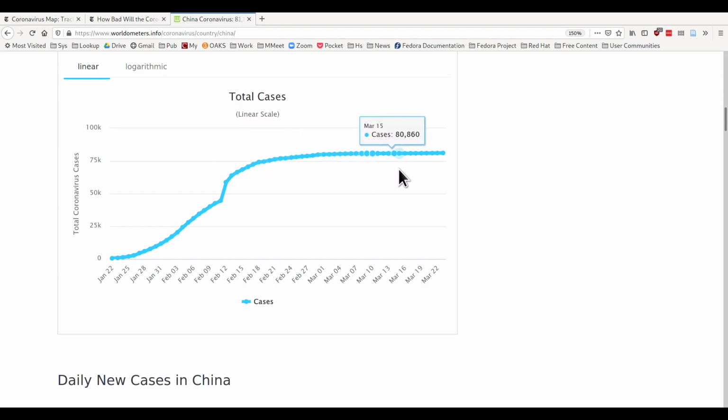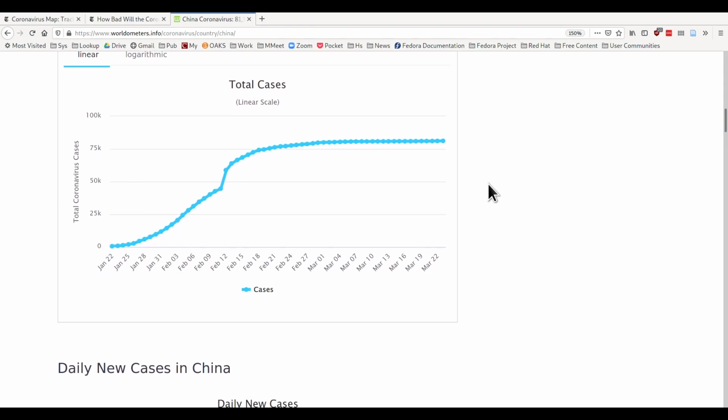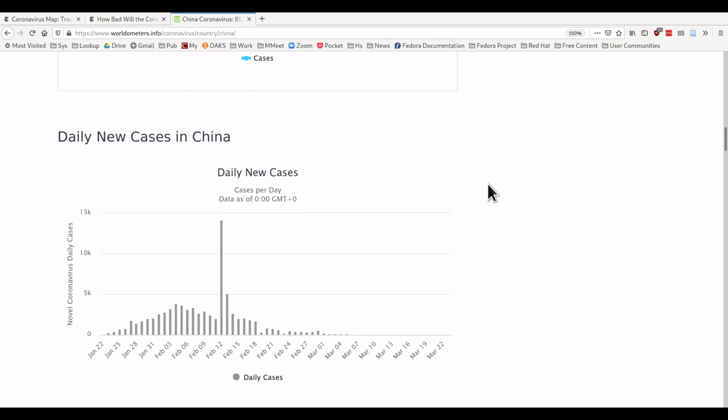This is effectively the integral of the rInf function from the model, and I didn't plot that in the previous calculations. But you can see they leveled out supposedly at around 80,000, 81,000. So there is hope that in the United States we will be able to do that as well, but we've got to be vigilant about the social distancing.